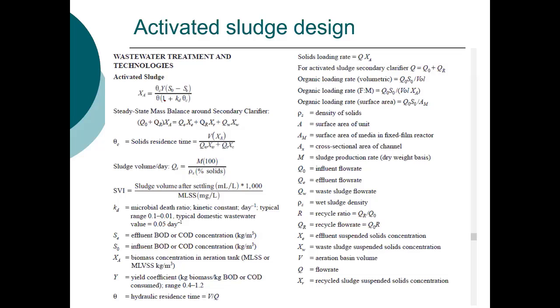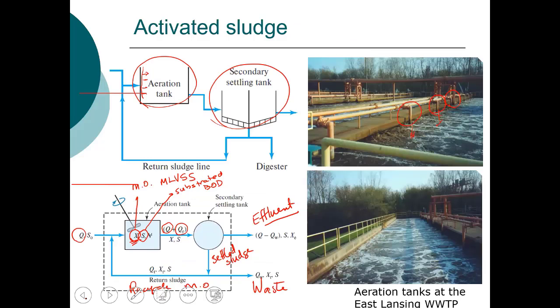What we will be doing is a mass balance around the secondary clarifier. So going back to here, notice this line, the dotted line here. This is our system boundary. What then we will define this as, okay?